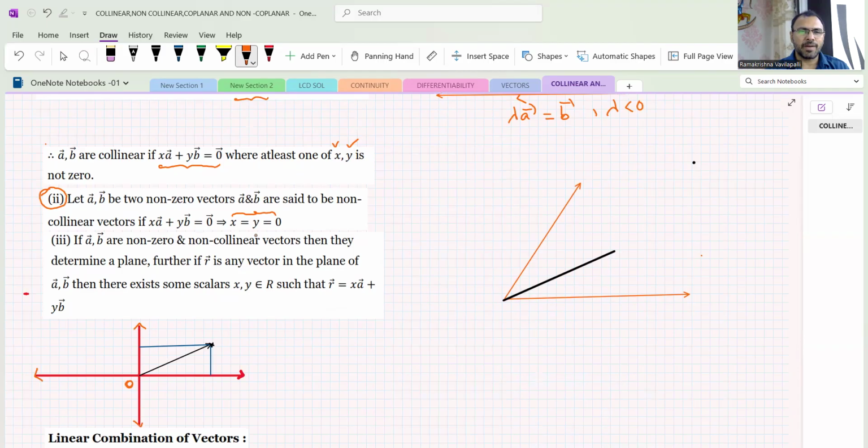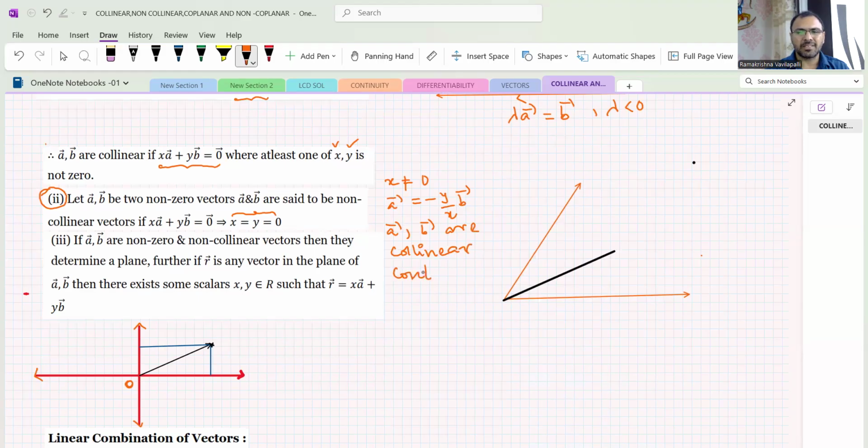x a bar plus y b bar equal to 0 bar implies x equal to y equal to 0. Suppose x is not equal to 0. Then we can write a bar equal to minus y by x into b bar, which means that a bar, b bar are collinear. So this is a contradiction.